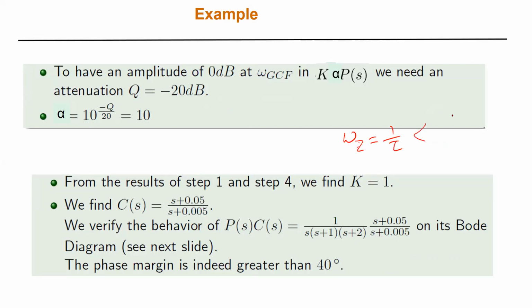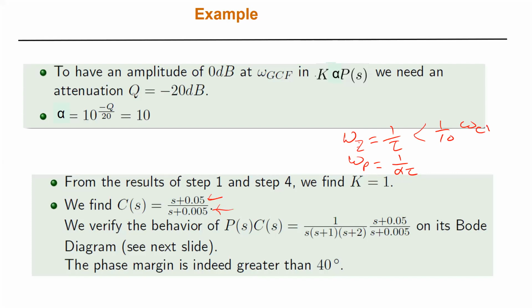And we take it 1 over 10 omega crossover frequency, the new crossover frequency. Now, omega p equal 1 over alpha tau. So tau equal 20 and alpha equal to 10. So you are done. And this is the 0, and this is the pole of the system.